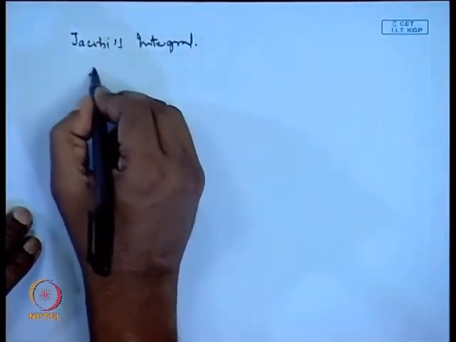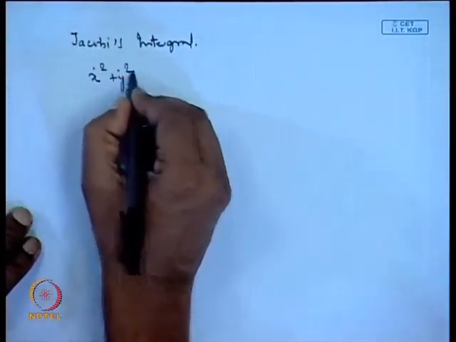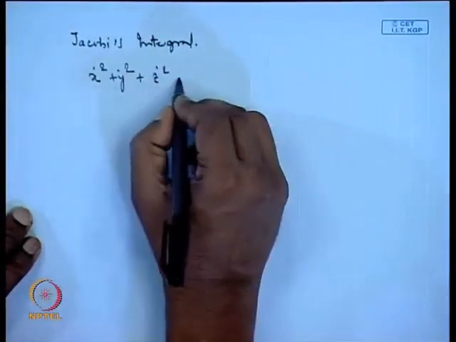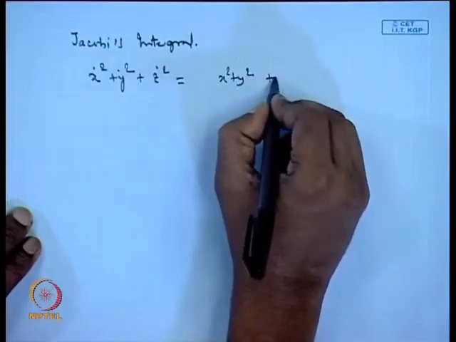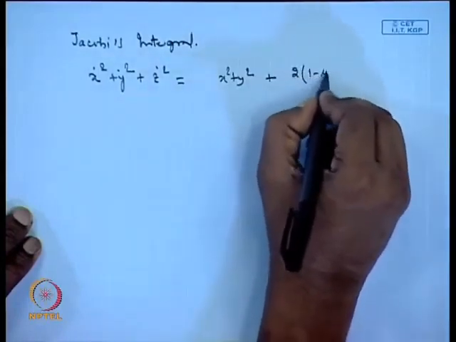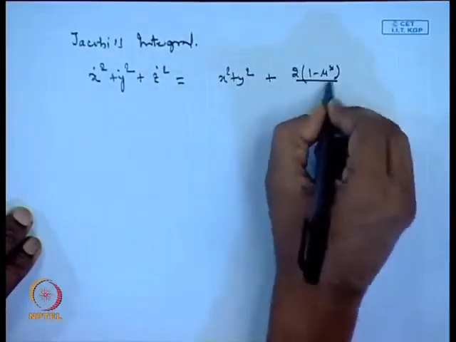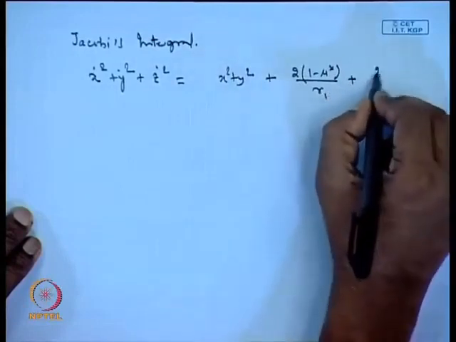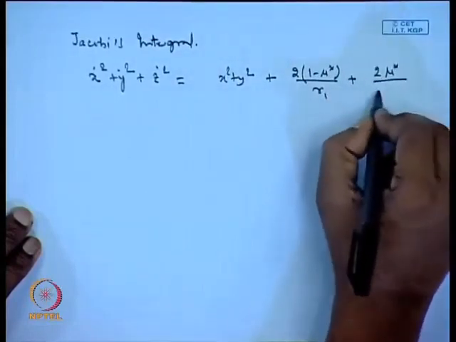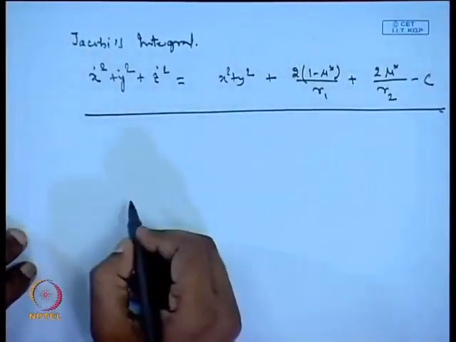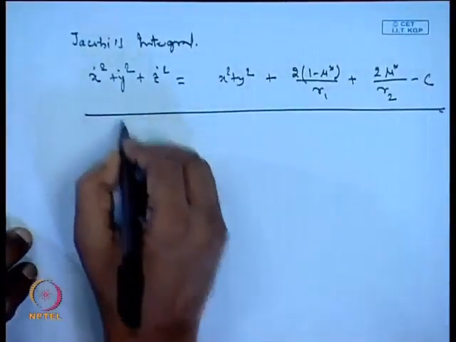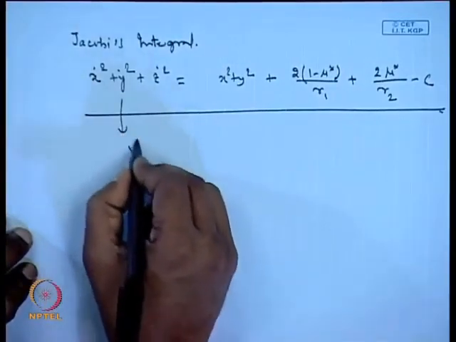which we wrote as x dot square plus y dot square plus z dot square is equal to x square plus y square plus 2 times (1 minus mu star) by r 1 plus mu star by r 2 minus C. The left hand side here is nothing but v square.